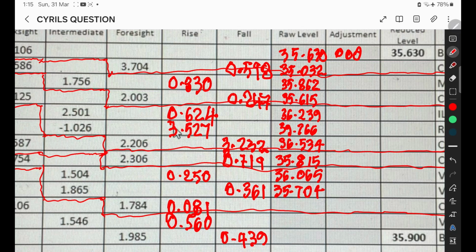And plus 0.081, 35.785. And 0.560 gives us 35.906.